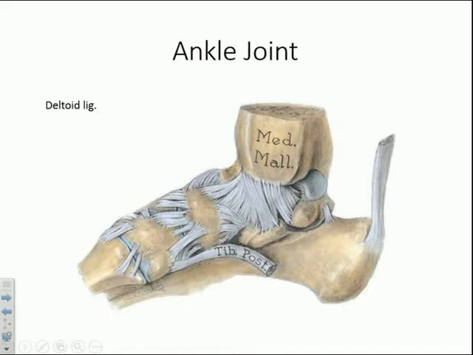Moving along to the medial aspect, we have a very broad medial collateral ligament, which is known as the deltoid ligament. Unlike what we saw on the lateral surface, it's one long continuous band of connective tissue that has that deltoid appearance similar to the muscle that we see at the shoulder, hence the name. Now we can actually divide this up into separate bands.